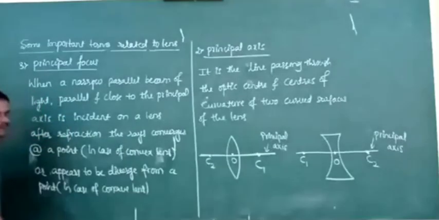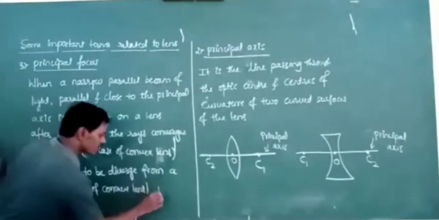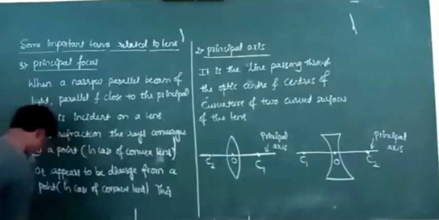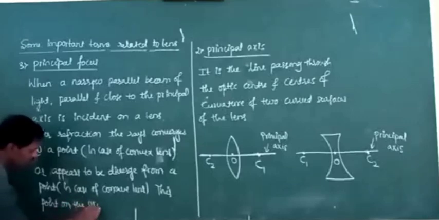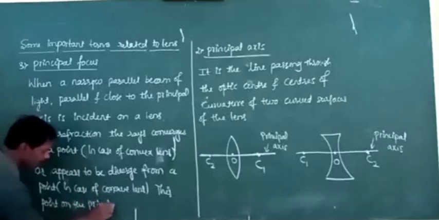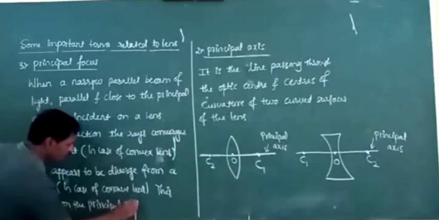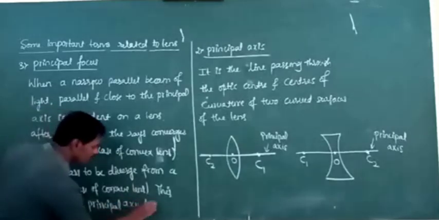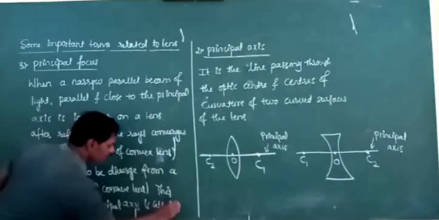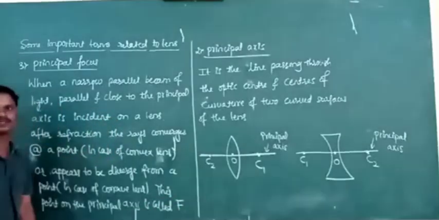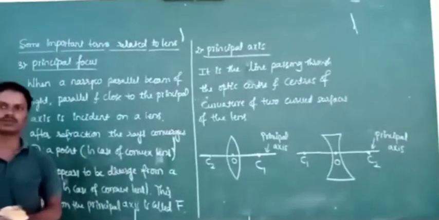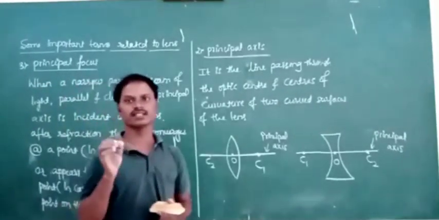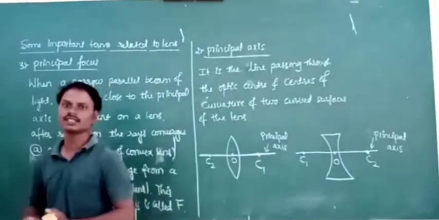This point on the principal axis is called principal focus. Principal focus is denoted by F. Then which lens has real focus and which lens has virtual focus? Convex lens has real focus, concave lens has virtual focus.